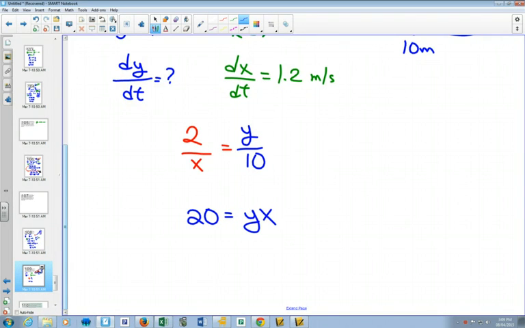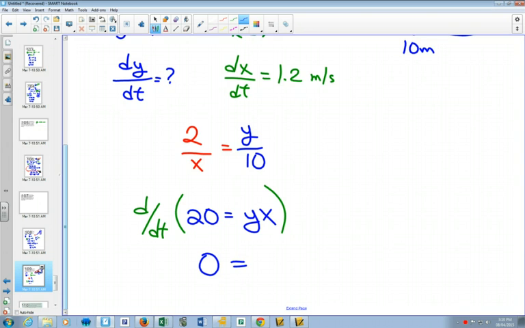Now we have an equation, so we can take the derivative with respect to time. How about I do the left side, you guys do the right side? Okay. That was a bad joke, I'm sorry. Derivative of 20 will just be 0. What do you have to do on the right side?